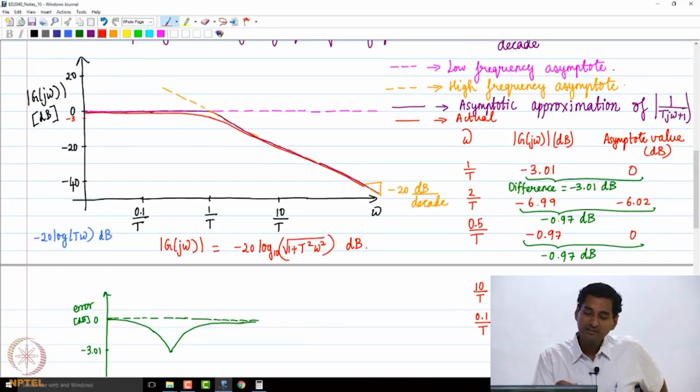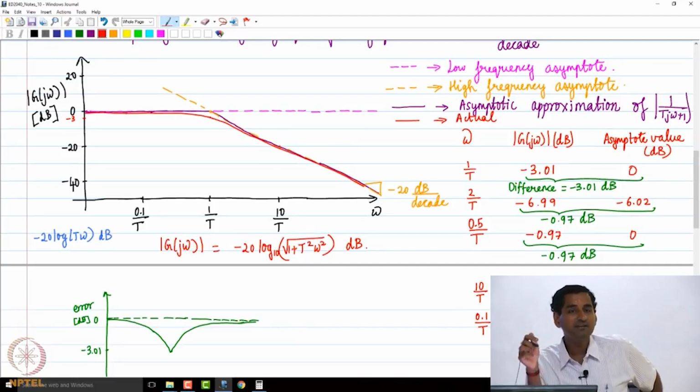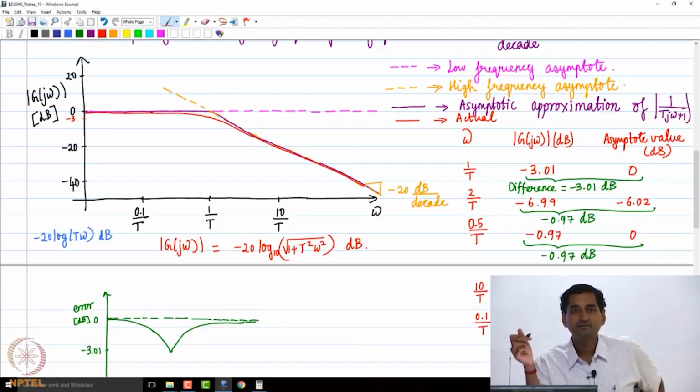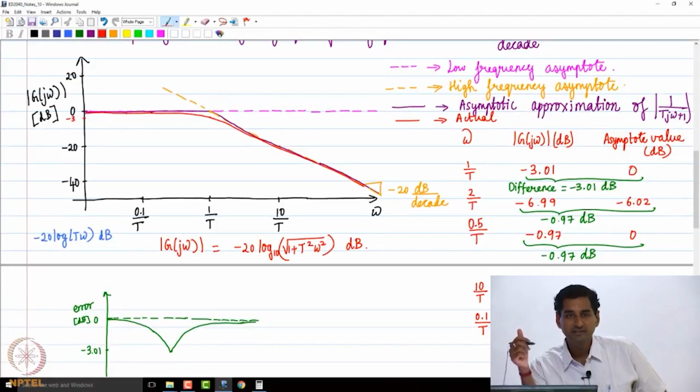If you look at the magnitude plot of this factor 1 by Ts plus 1, what can you immediately say about its characteristic? Does it appear familiar with something you already learned? You can observe that it has the characteristics of a low pass filter, right?